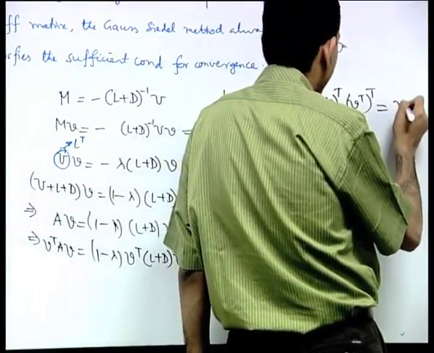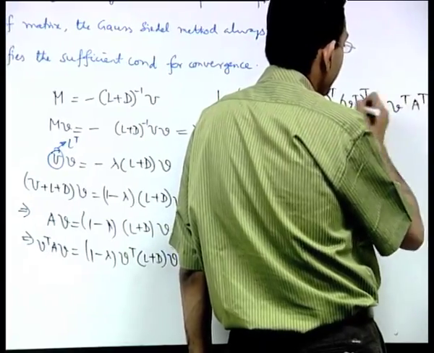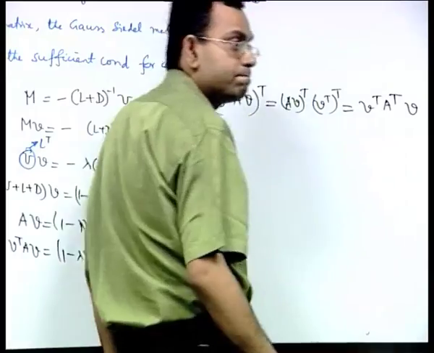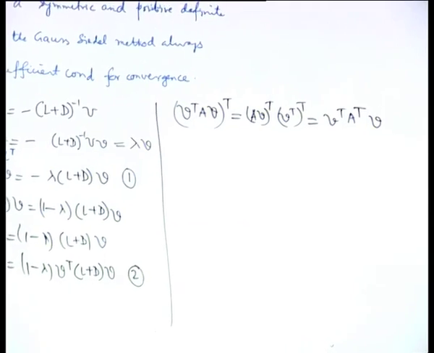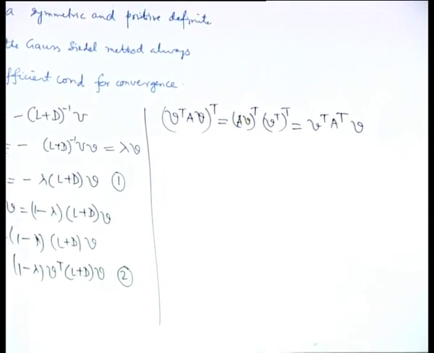So this is equal to V transpose A transpose V, and V transpose transpose is V. It is the same because A and A transpose are the same.